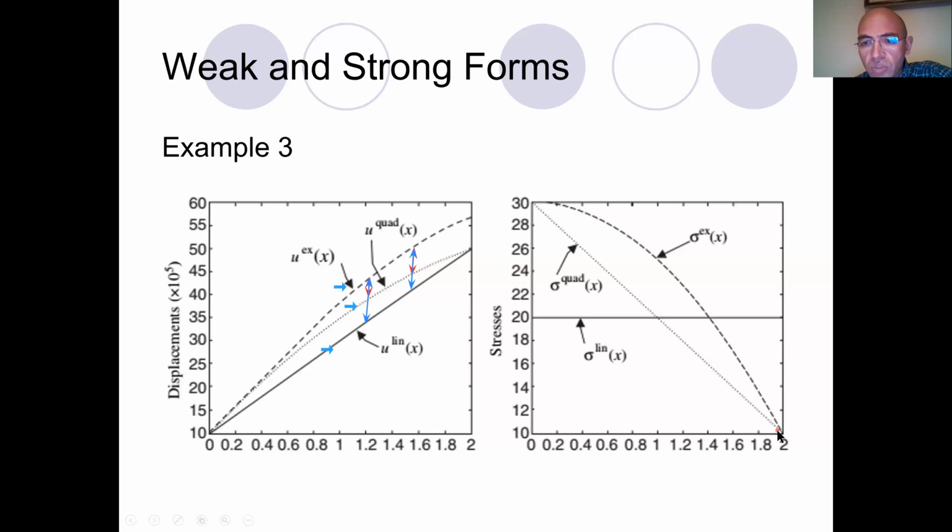Again, at the boundaries, you have zero error for the stress. But within the domain, for example, for a particular case, this is the error, and the error is changing. But certainly, the total error in the quadratic case is much lower than the linear case.